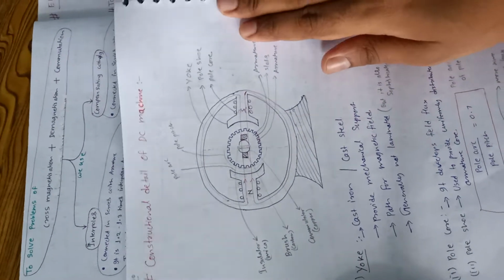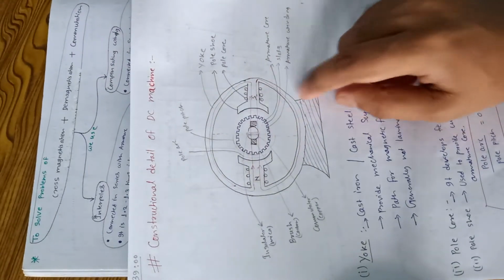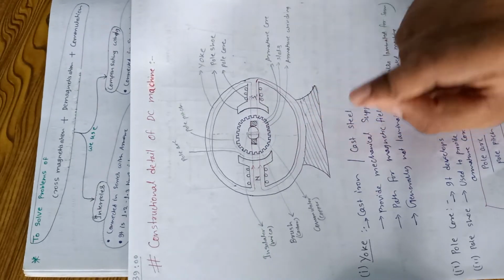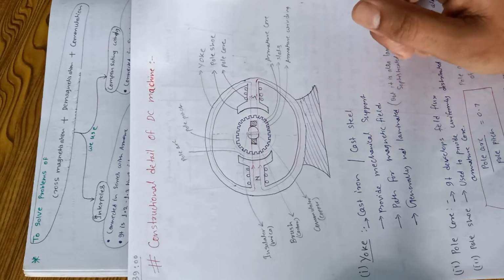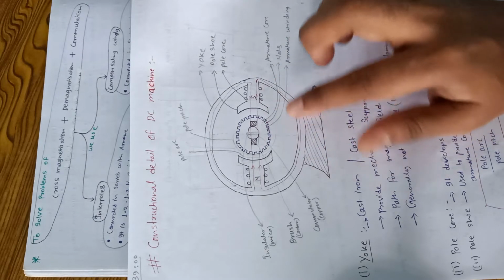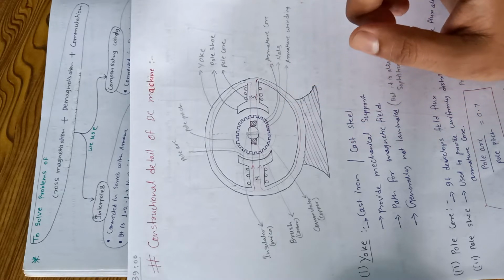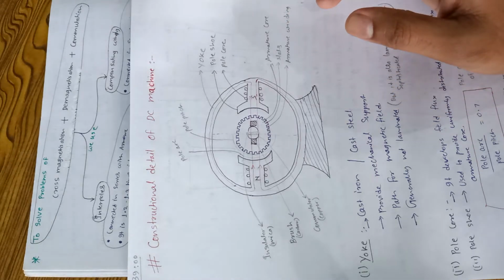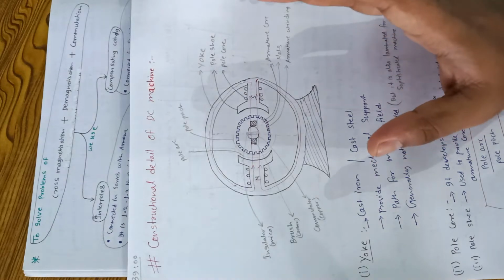Let's study the working of a DC machine briefly. This is the structure of a DC machine, as we have already discussed. We have already discussed the working of a basic generator and basic motor, and this is the same. In a generator we obviously have generating action, and due to Lenz's law we also have motoring action.